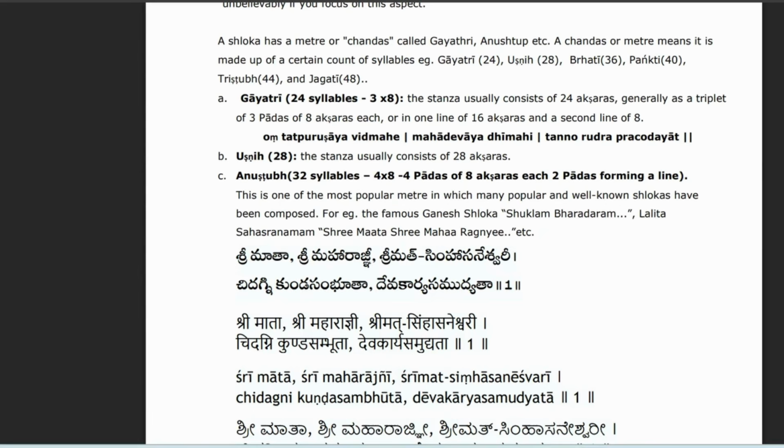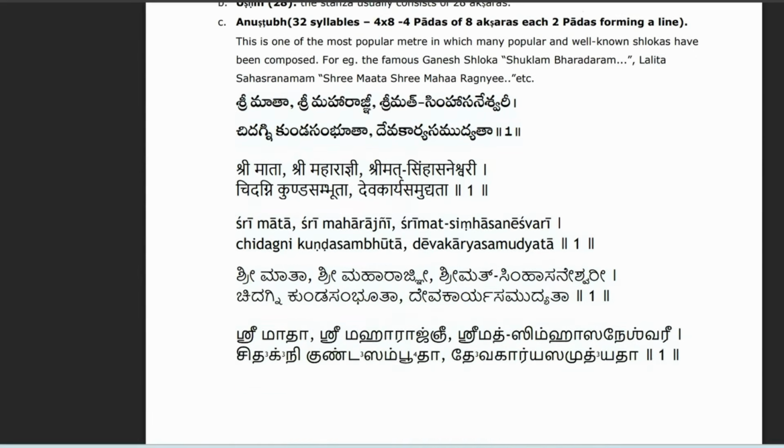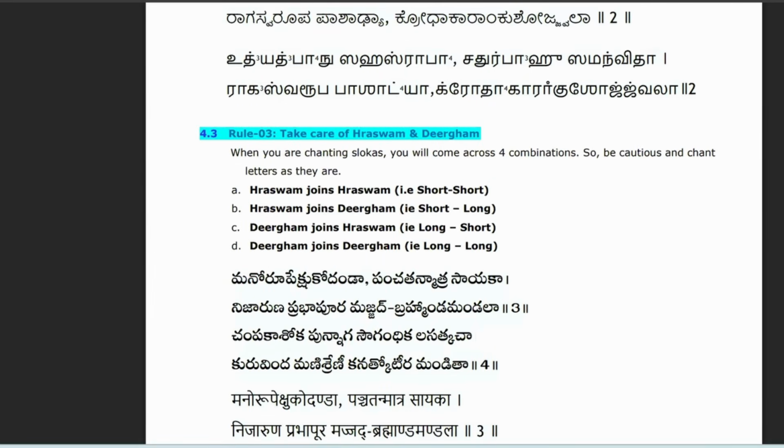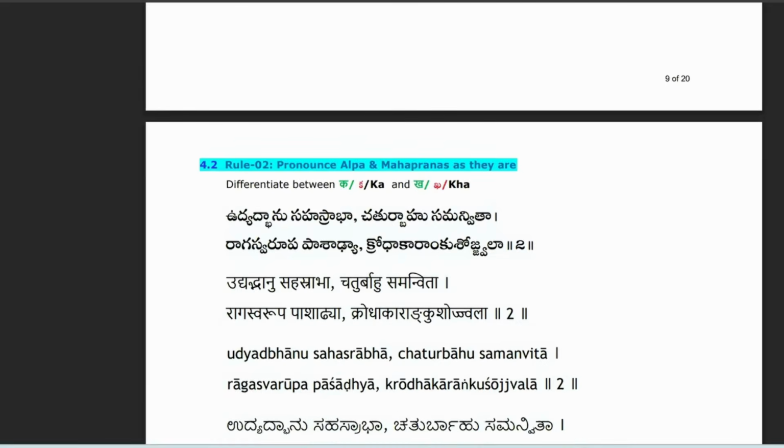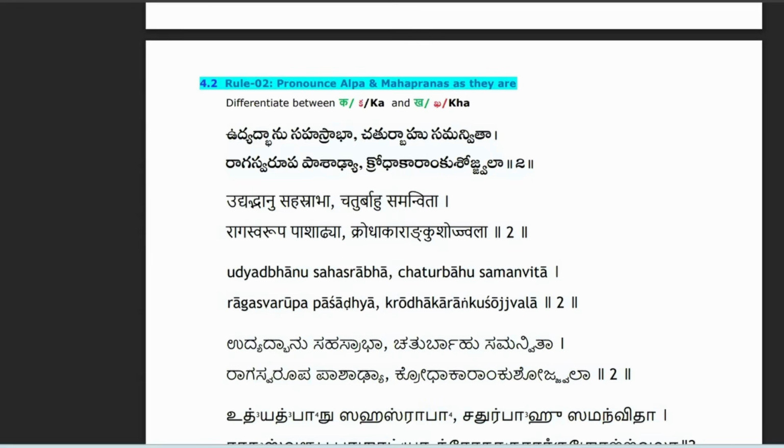And rule number 2, pronounce Alpaprana and Mahaprana as they are. If you see Alpaprana, pronounce Alpaprana. If you see Mahaprana, pronounce Mahaprana. In this example here, Udyadbhanu Sahasrabha Chaturbahu Samanvita. Sahasrabha has a dirgham, right? Bha, and it is in the middle of this shloka. Most of the people skip the dirgham.